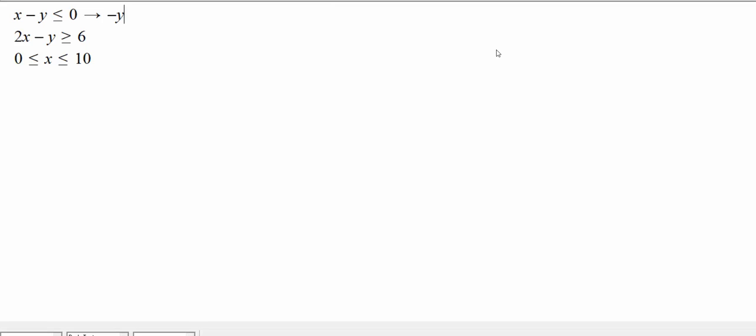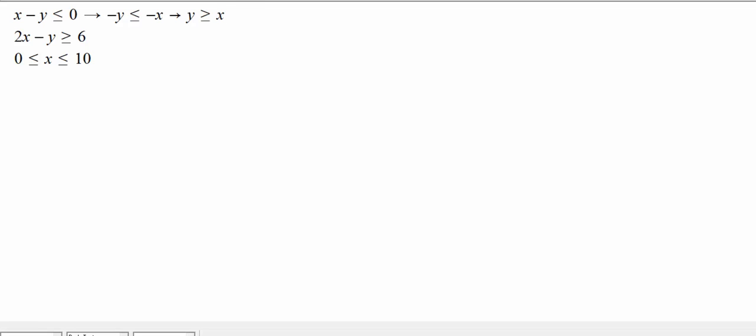So what do we get? Negative y is less than or equal to, when x moves over to the other side, negative x. Now we are going to multiply or divide by -1. Either way, the inequality is going to switch, or reverse.